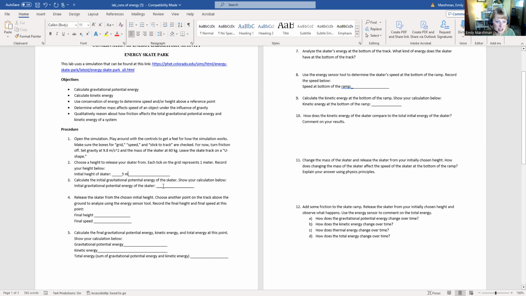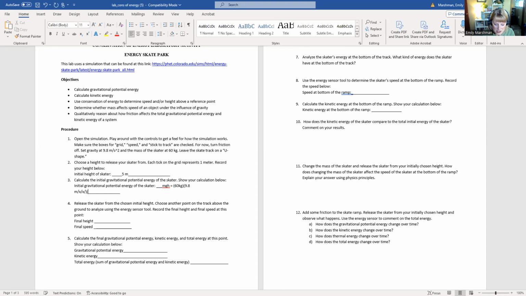The initial gravitational potential energy. The equation for that is mass times g, 9.8, times the height. So I'm going to do mgh. That's equal to the mass of the skater, which is 60 kilograms, times 9.8 meters per second squared, times the initial height, which was 5 meters.